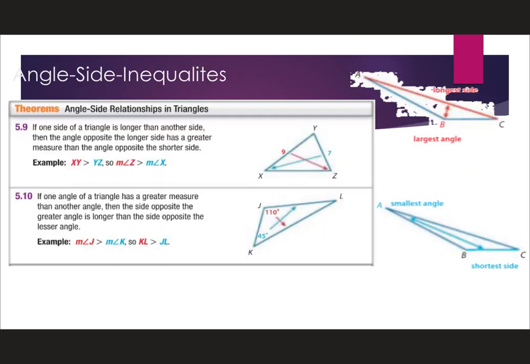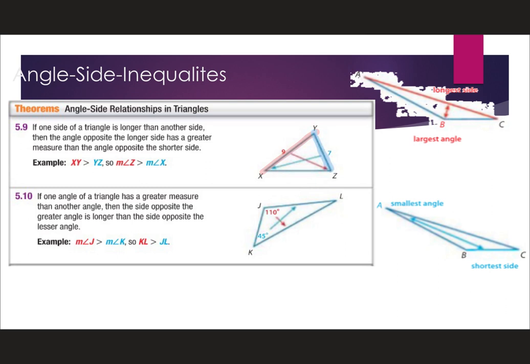Now, what would a geometry video be without some theorems and other relationships? The first theorem we have is the angle-side relationships. This one states that the longer side of a triangle is across from the bigger angle. So in this picture, we have that XY is 9 and that YZ is 7.